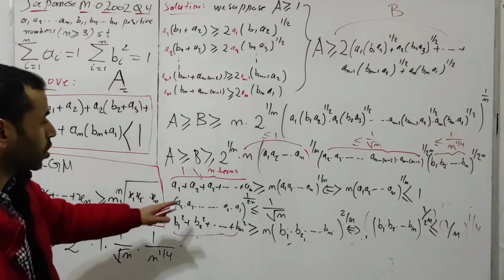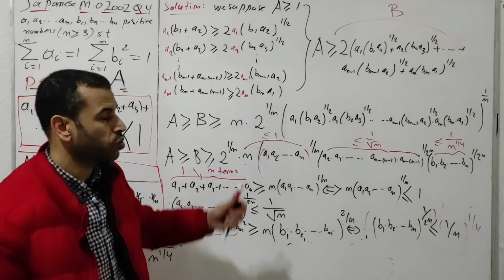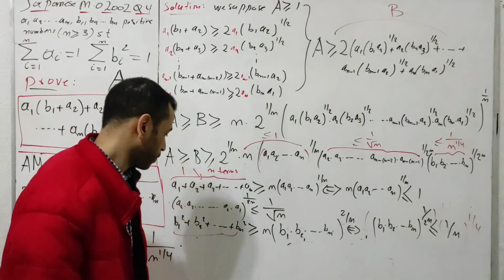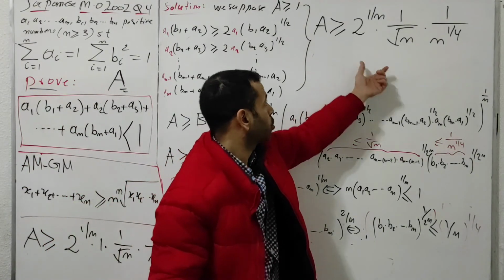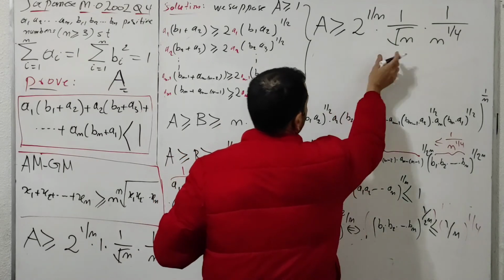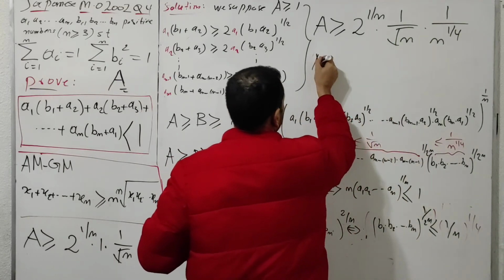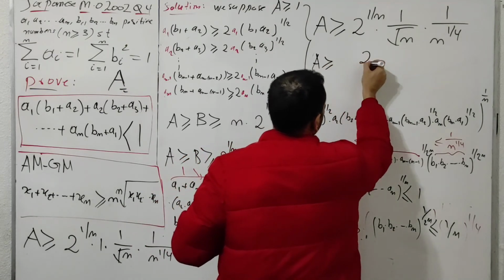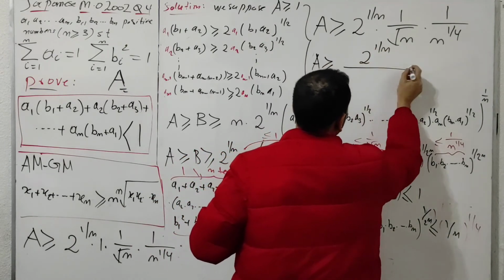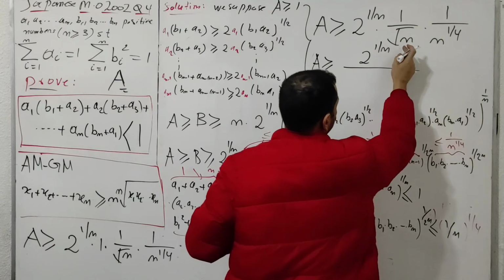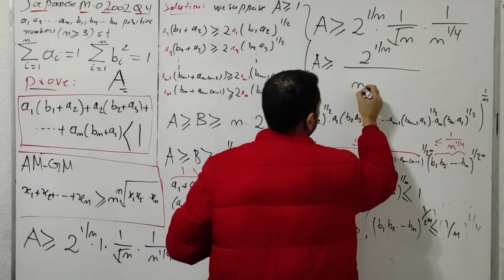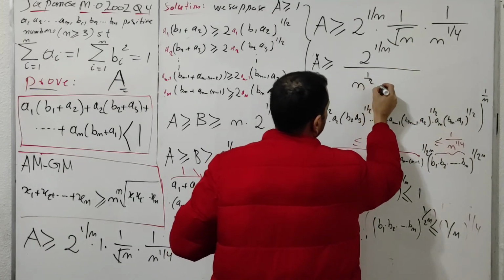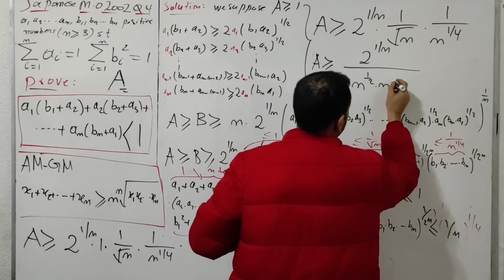Okay, we're going to clean up the board and take this one at the top and continue with our calculation. Now I get to this expression. I'm going to simplify this calculation. I will get capital A is superior or equal to 2 to the 1 over n. I'm going to simplify this one. Square root of n is the same thing as n to the 1 over 2 multiplied by n to the 1 over 4.